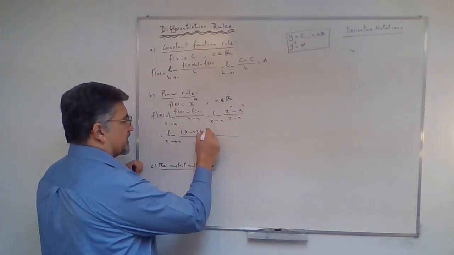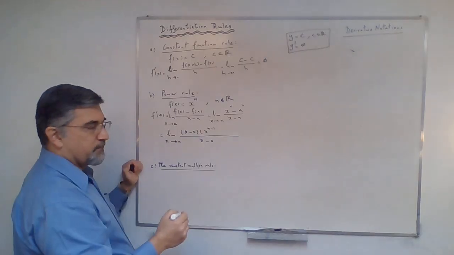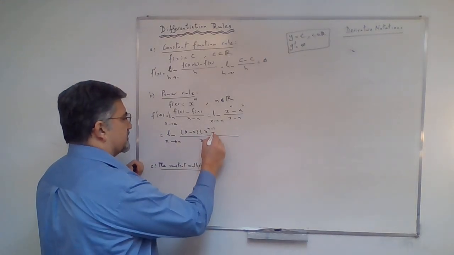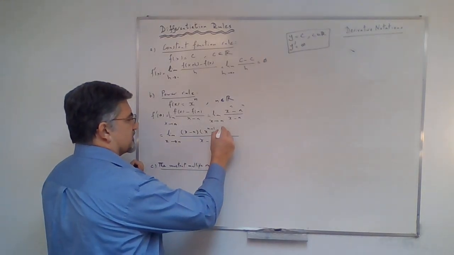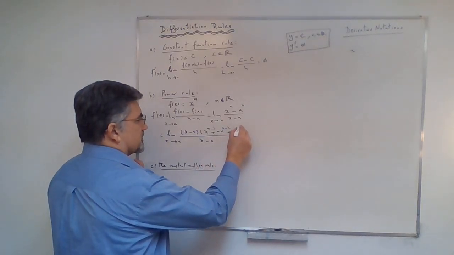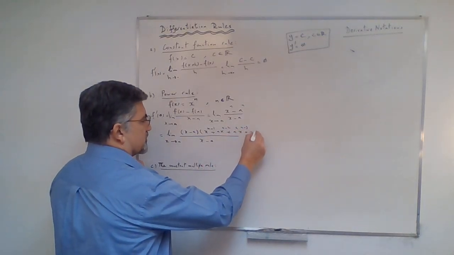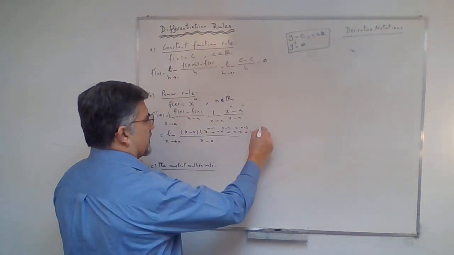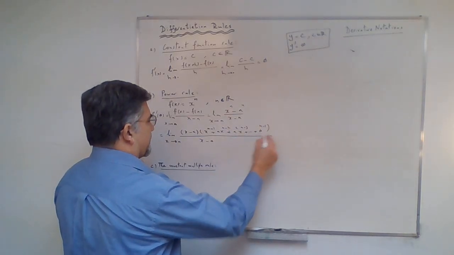Inside the brackets we'll have x to the power of n minus 1, plus a times x to the exponent of n minus 2, plus a squared x to the power of n minus 3, just like that, all the way up to a to the exponent of n minus 1.